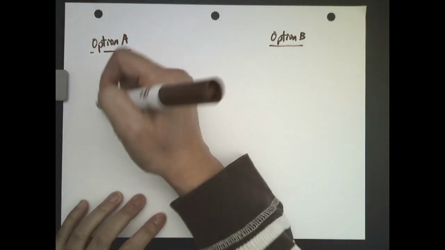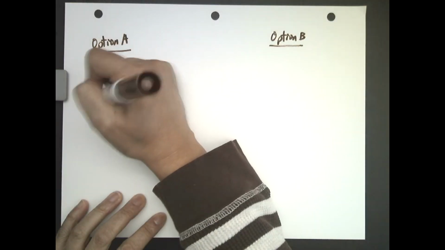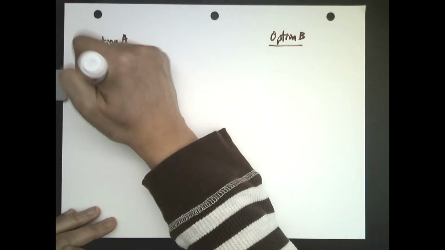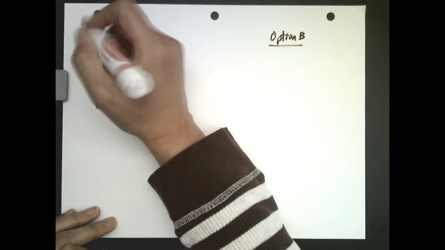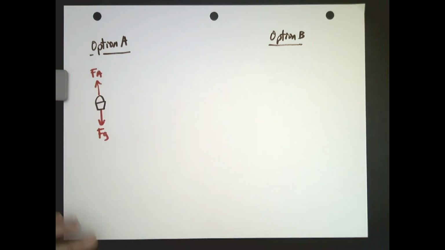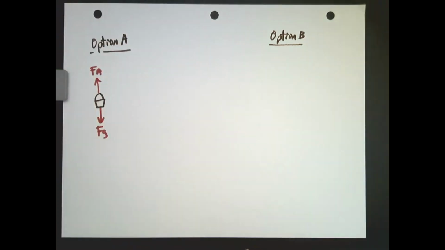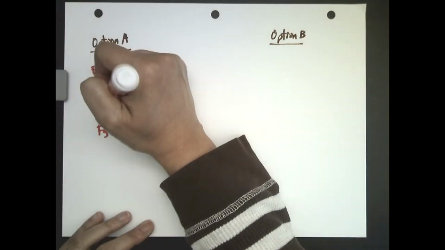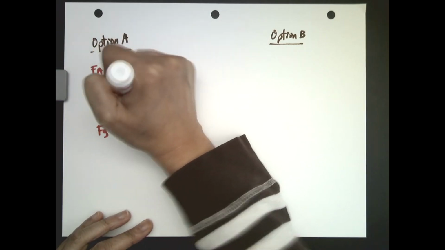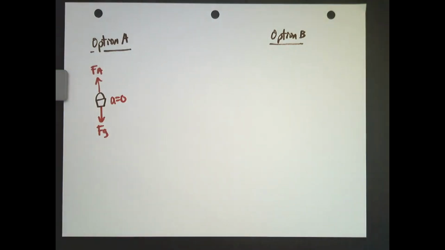All right, option A. I'm going to draw my little bucket of cement. So there is my bucket. And let's draw our forces on this. You're going to hold up the bucket, which is applied, and then you're going to have gravity pulling down, and you're going to lower the bucket very slowly at constant speed or constant velocity. So a is equal to 0.